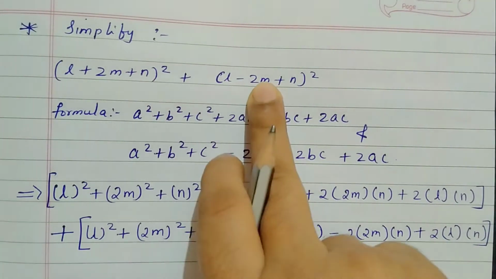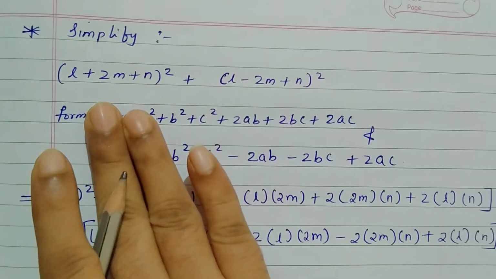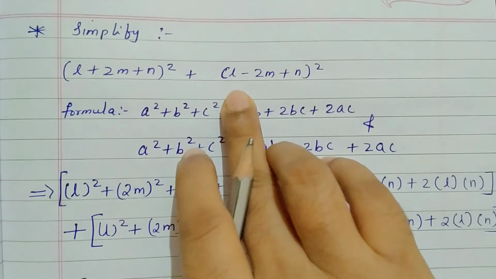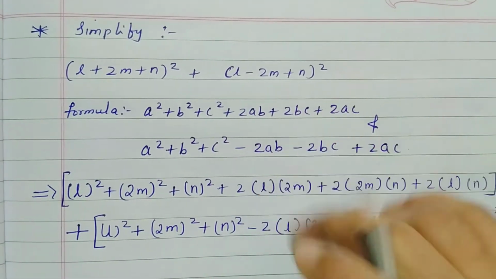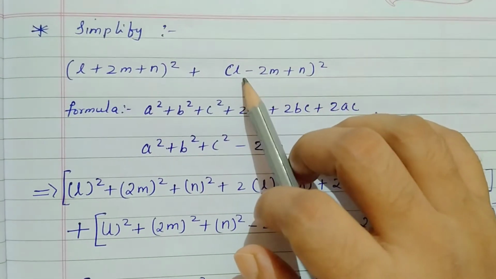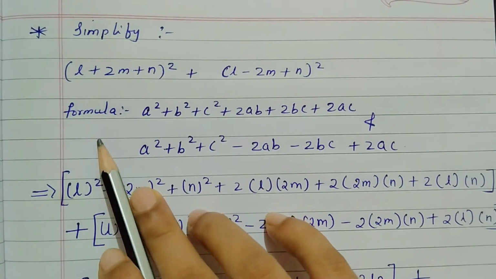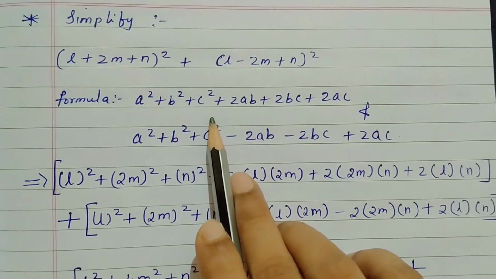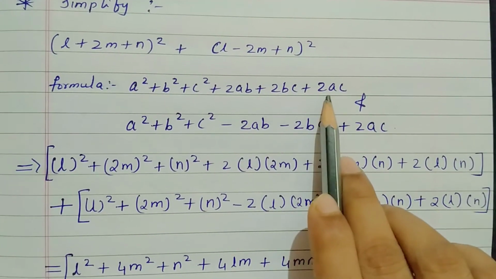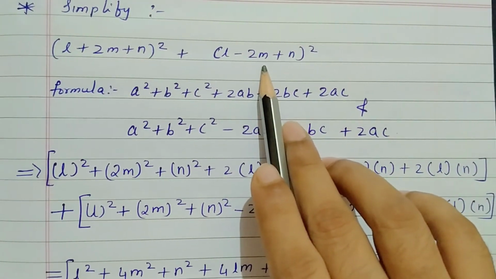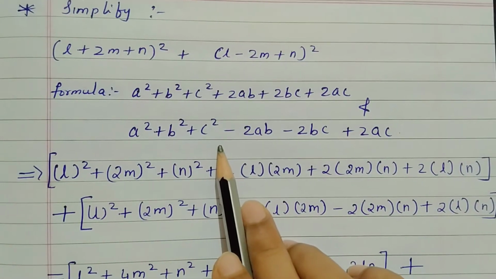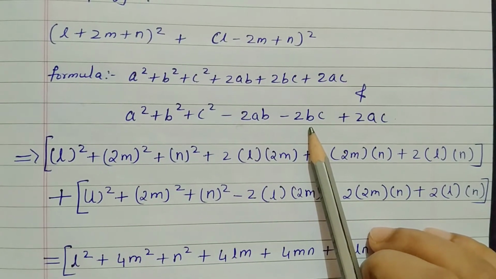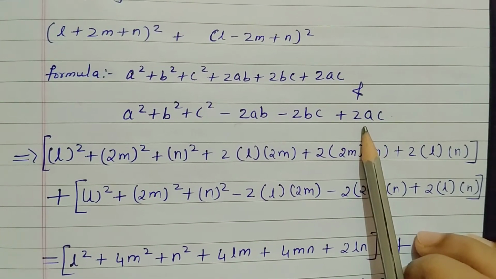Simplification for this sum. Here you can see two groups: L plus 2m plus n the whole square plus L minus 2m plus n the whole square. So here you can see the difference is that it is minus. The formula which we are going to use for this one is a square plus b square plus c square plus 2ab plus 2bc plus 2ac, and for this, a square plus b square plus c square minus 2ab minus 2bc plus 2ac.